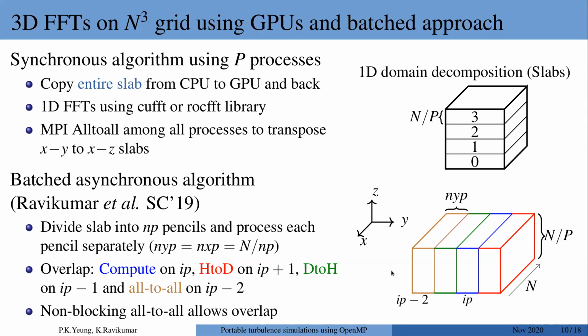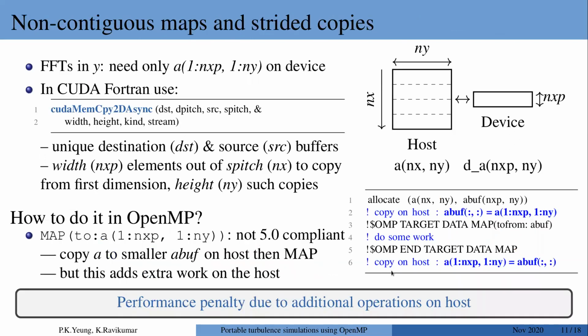So in this work, what we will look at is porting this code to use OpenMP and some of the 5.0 features. The first aspect of this work comes from the need to have an entire line of data available on the GPU to perform Fourier transforms.